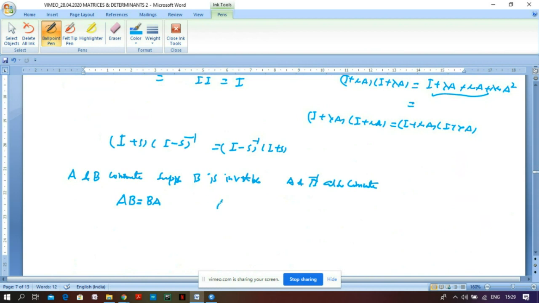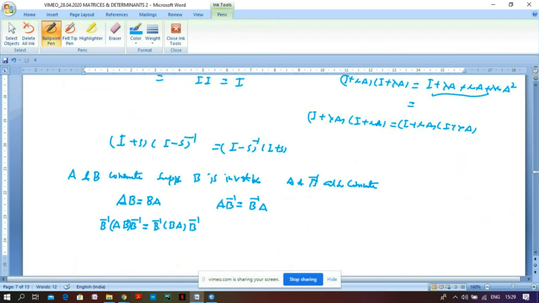So we want to prove that A B inverse is B inverse A. That's fine. Let's multiply this by B inverse on the right side. So we can write that A B B inverse, and again we can multiply B inverse from this side. So two B inverses, and that equals B inverse times BA times B inverse.